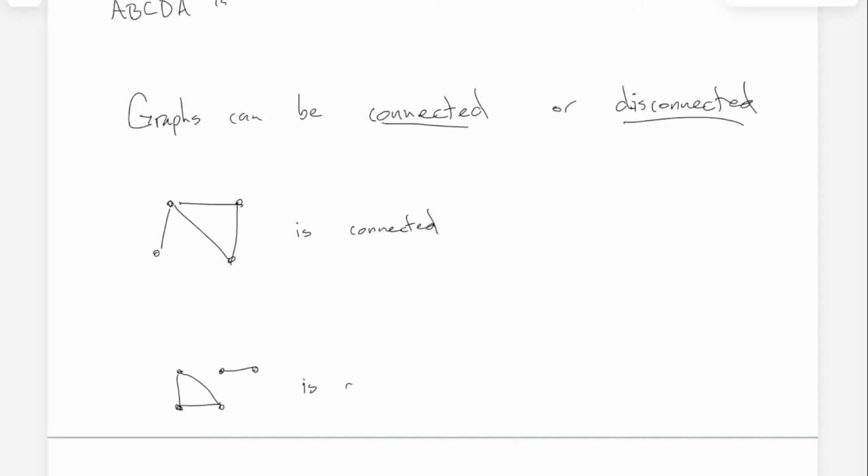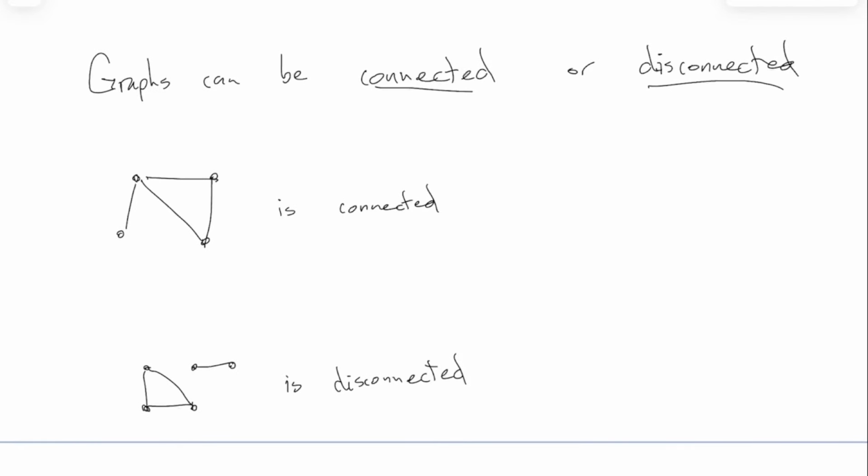This is disconnected. Right? On some kind of intuitive level, what it means to be connected is sort of all one piece. And what it means to be disconnected is kind of like more than one piece, right?